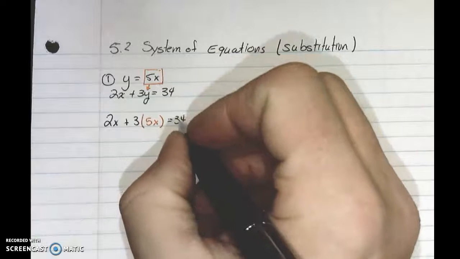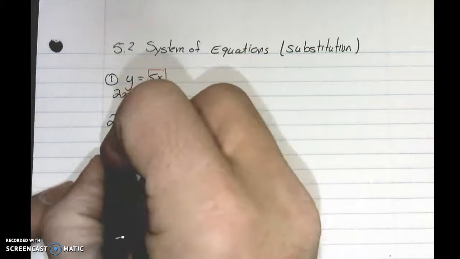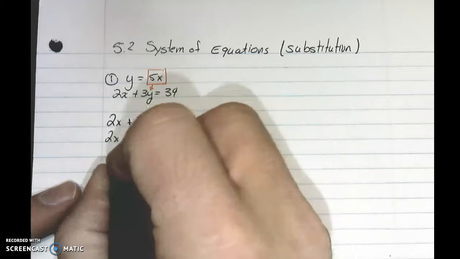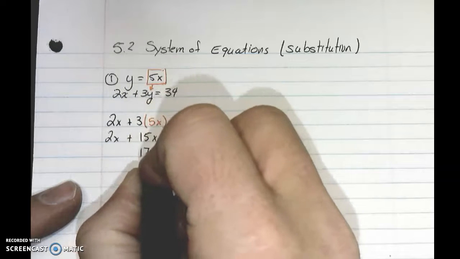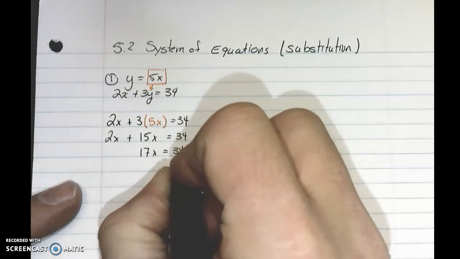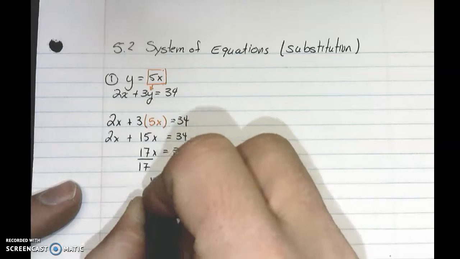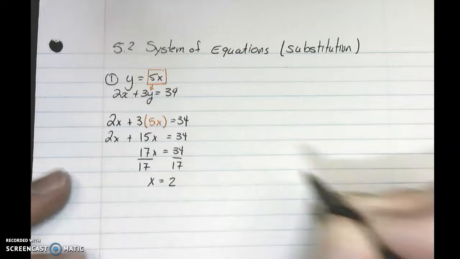And then I'm going to do all my other algebra, so 2x plus 15x is equal to 34. I'm going to add those two together. That's combining like terms. And I'm going to divide by 17 so I can get x by itself. And then I know x is equal to 2.